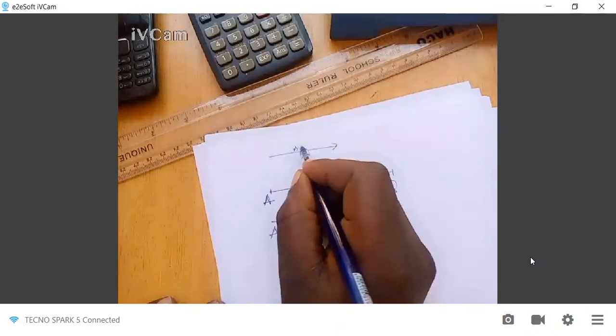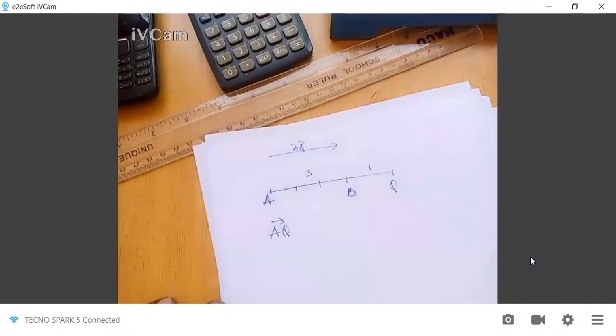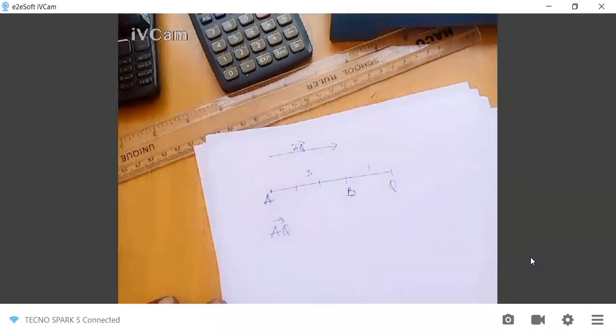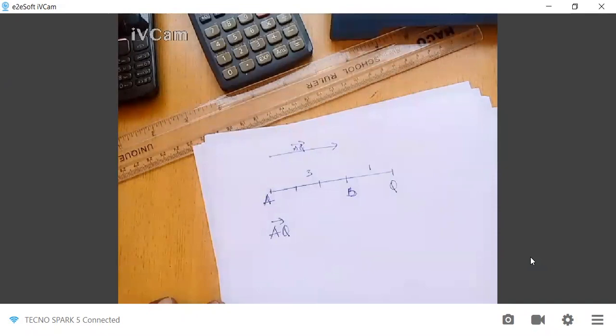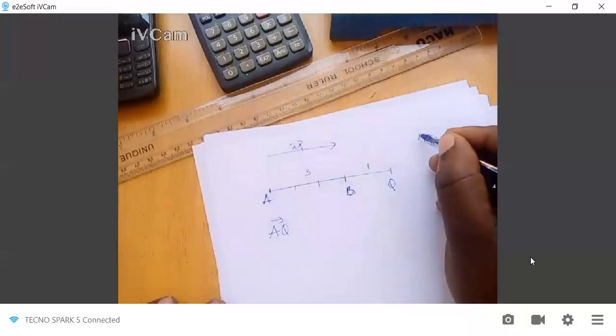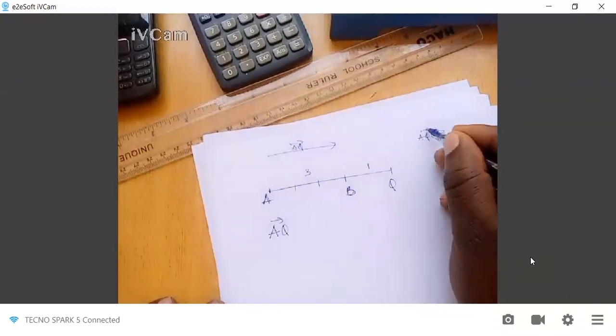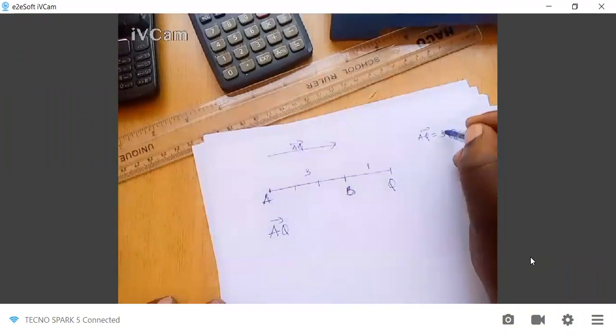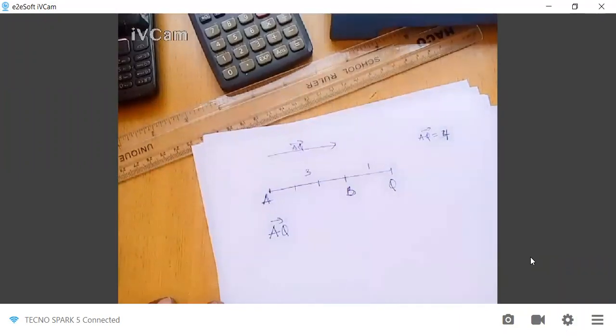That is AQ, isn't it? So AQ is 4. Yes, it is 4.